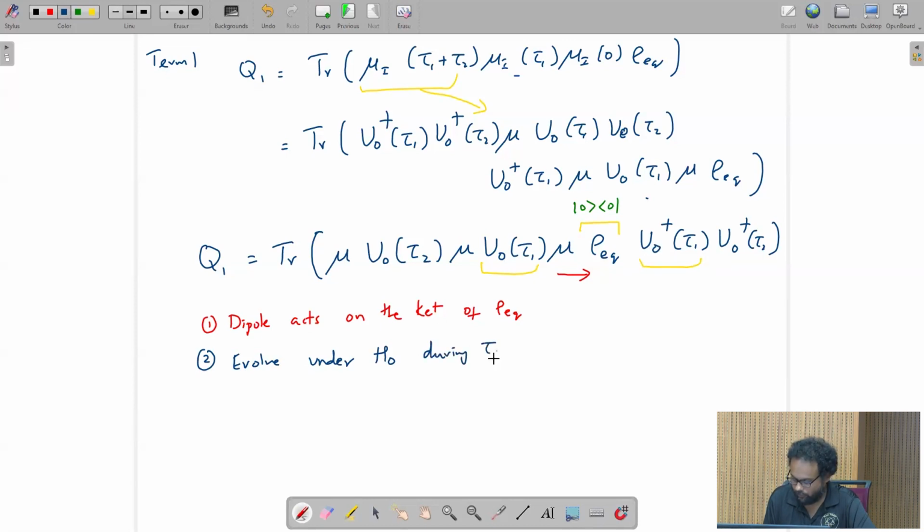During tau 1, I evolve this, and then act again with mu, again on the ket side. The dipole acts on the ket.